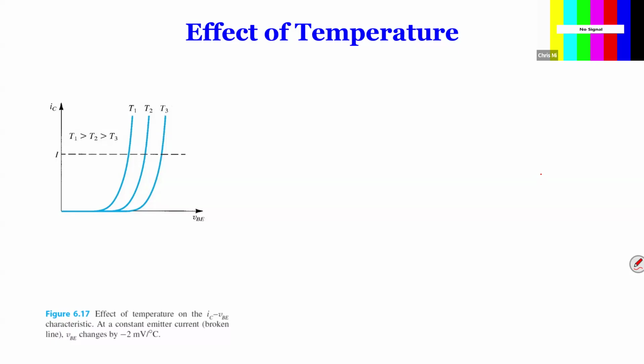So basically, you write down that expression: IC equals IS e to the power VB over VT. That VT changes with temperature.